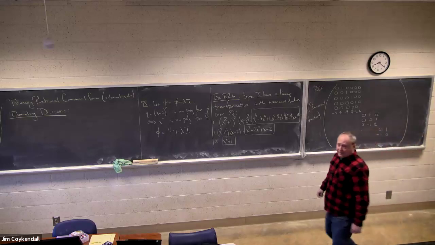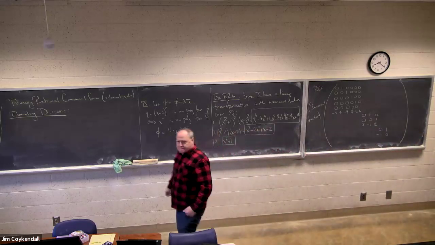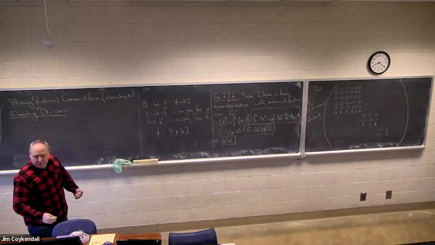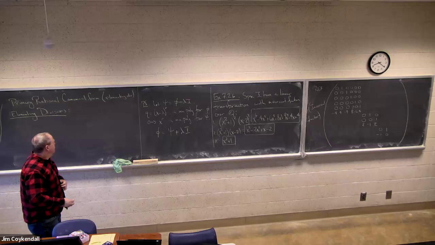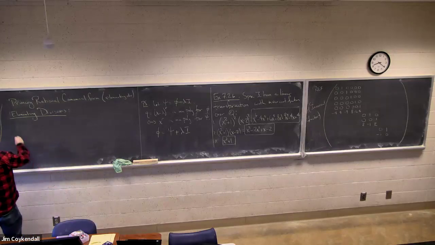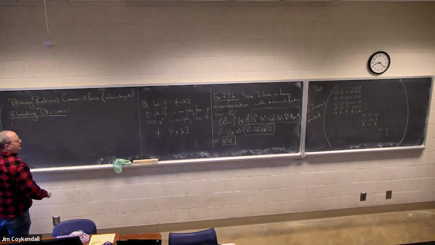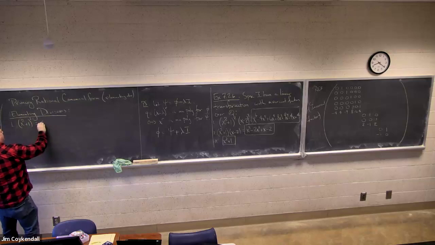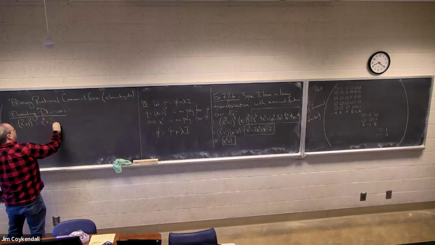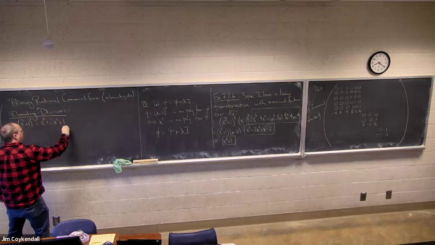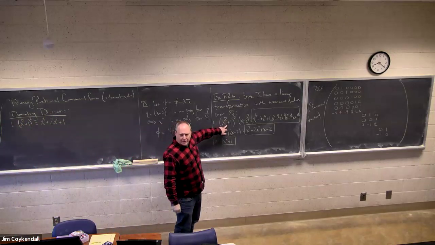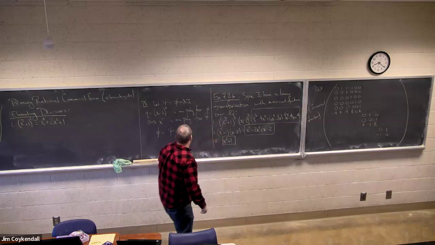Well, what we're looking for is the prime powers, right, that divide this, right? So I get this squared, and then this, and then this.